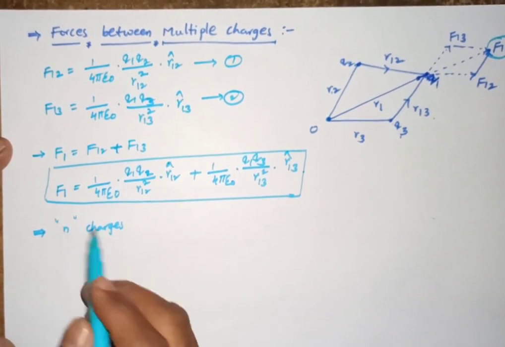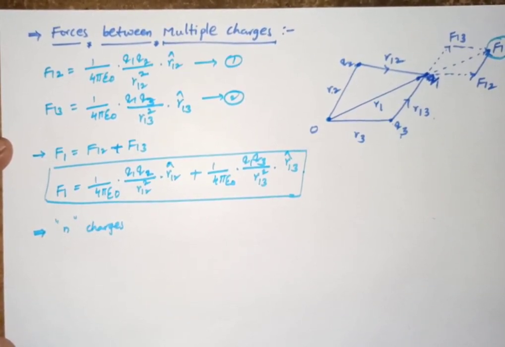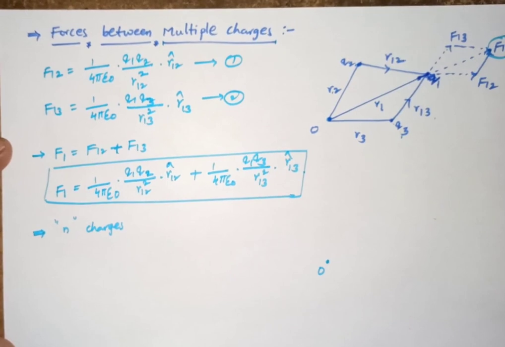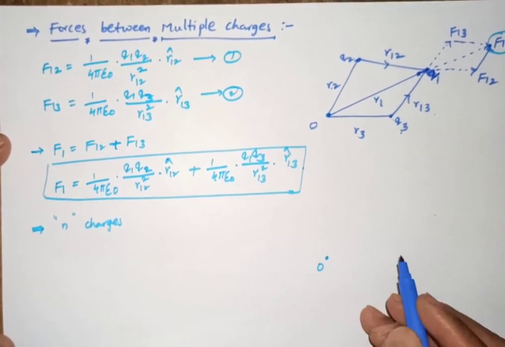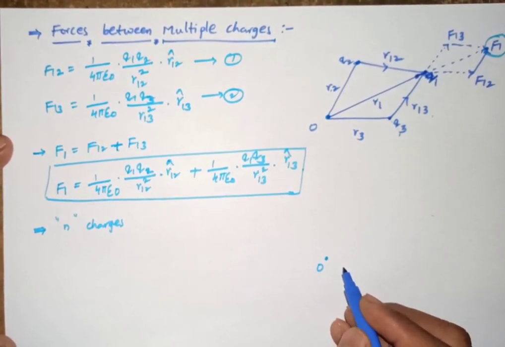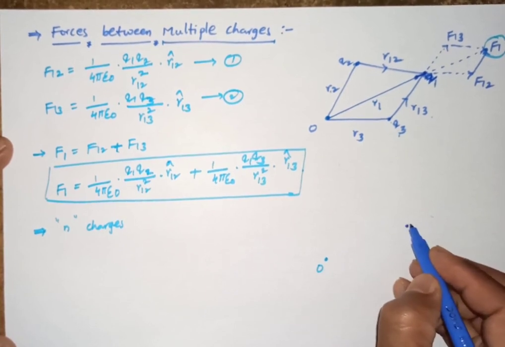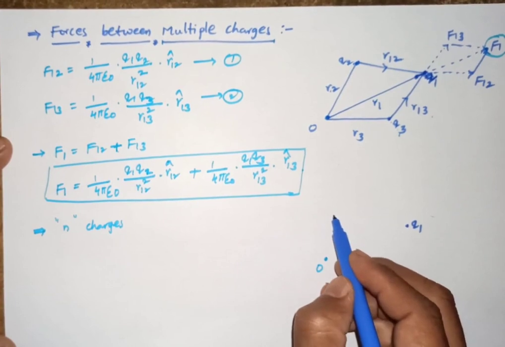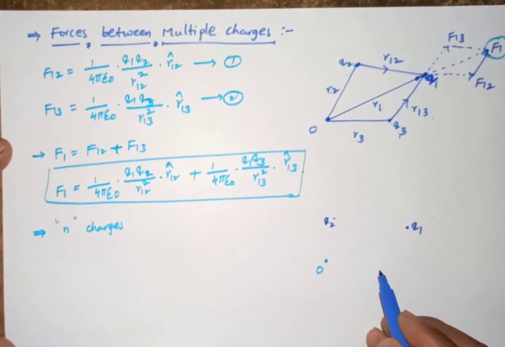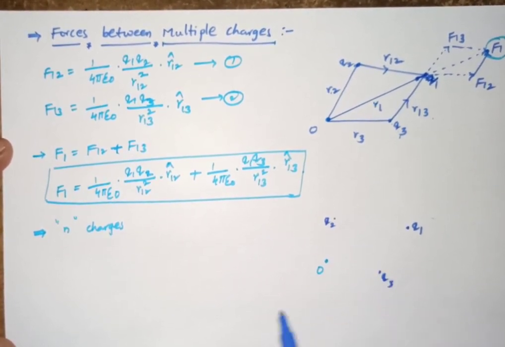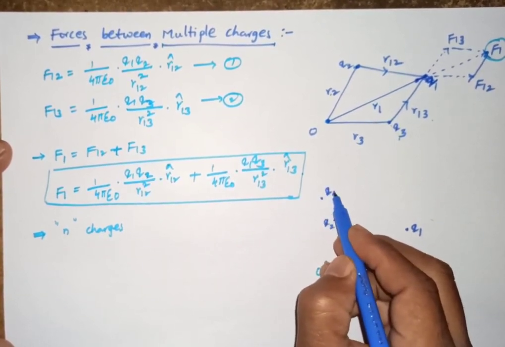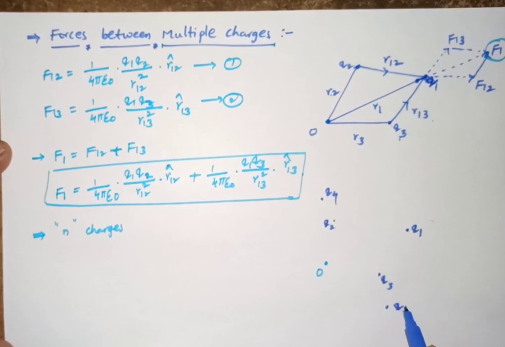Suppose this is the origin, and here we have charges q1, q2, q3, q4 and q5.